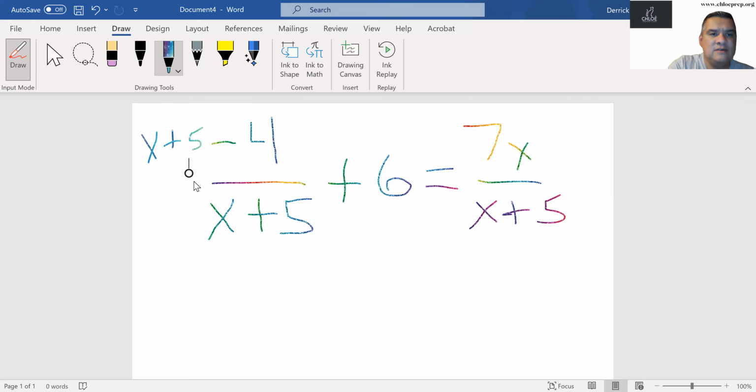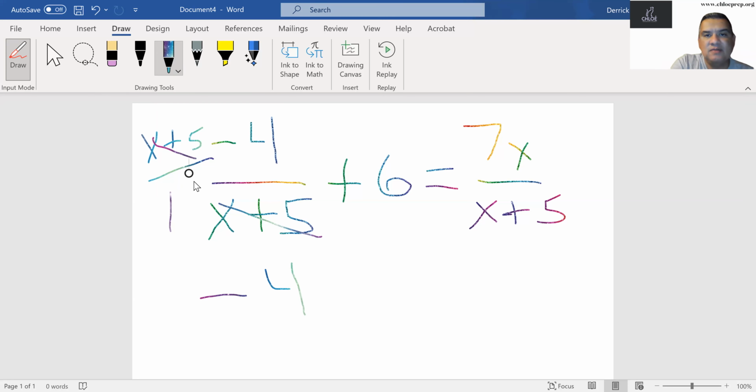And the way I also do that is put it over 1. So x plus 5, anything over 1 is itself, so I haven't changed x plus 5. But now I can cancel out the x plus 5 here and the x plus 5 there, which in reality just drops that -4 down to the bottom. So now we're not dealing with a fraction.